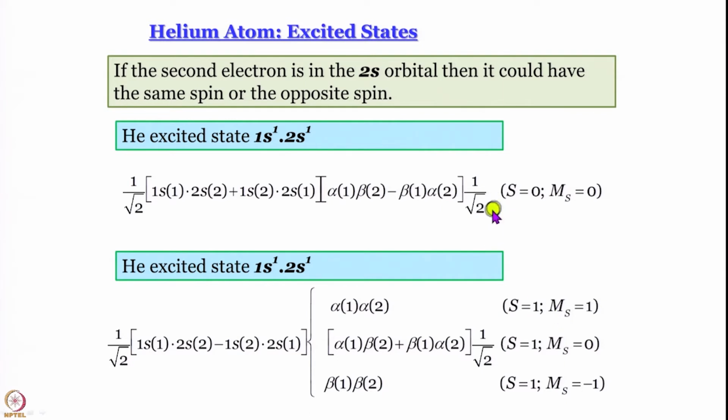When L equal to 0, ML has to be equal to 0. When L equal to 1, ML can be 0, plus 1 or minus 1. So, the same thing is there. What this capital S stands for really is the total angular momentum, and capital MS stands for the Z component of this total angular momentum.